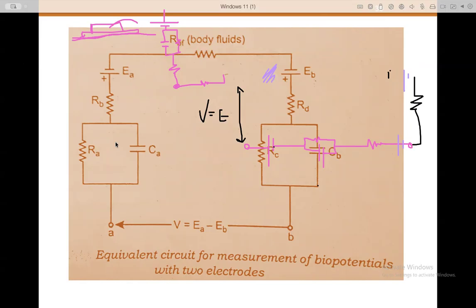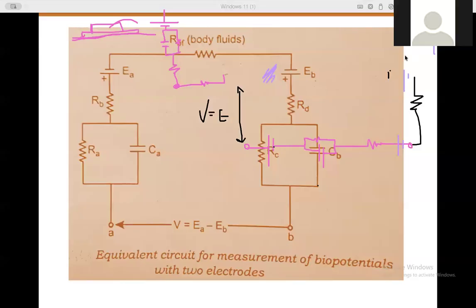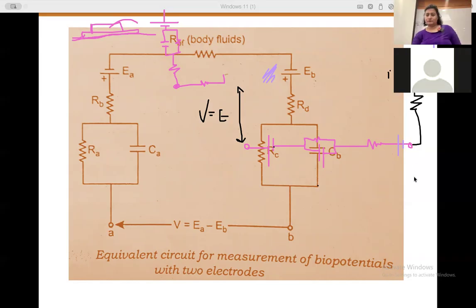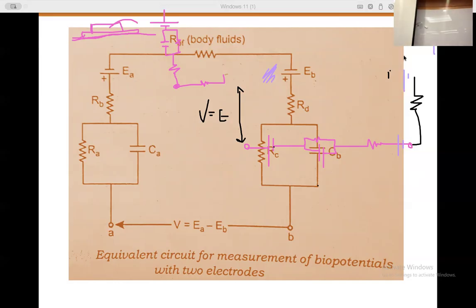It doesn't matter. So when you have something like this, if you're only considering from this point to this point, it doesn't matter which order it is in.